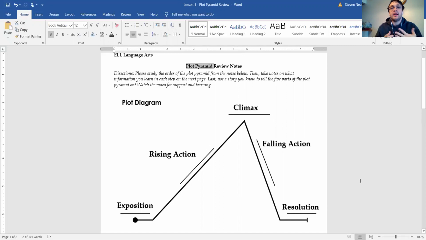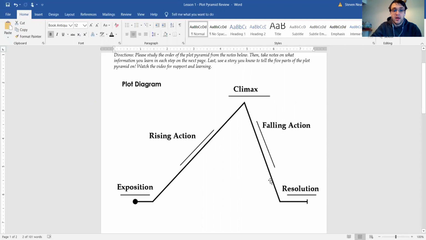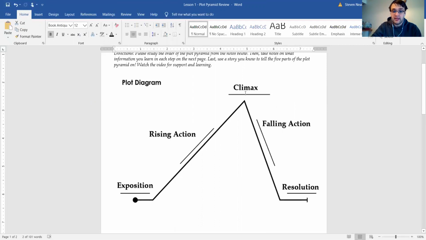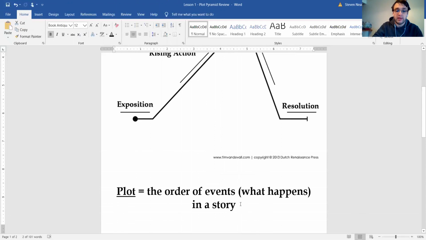So remember, I explained that stories are generally told in the same ways and they follow the same directions. This plot pyramid helps us to understand the directions or the paths that the story takes. So just to review, remember, plot is the order of events or what happens in a story.